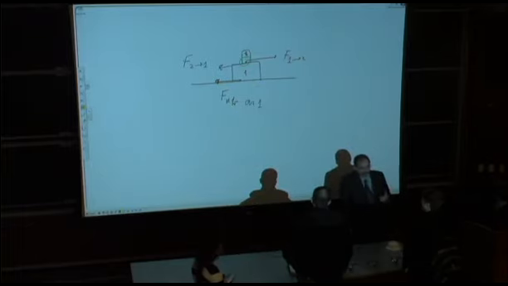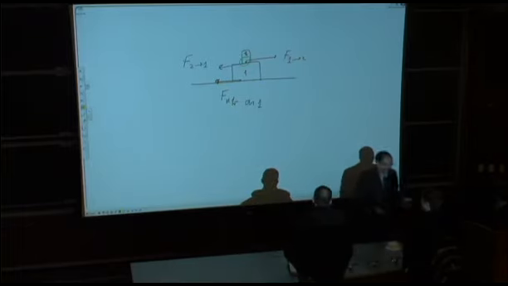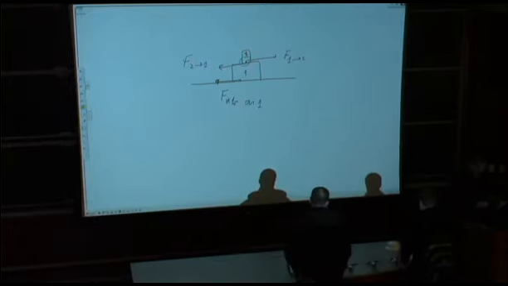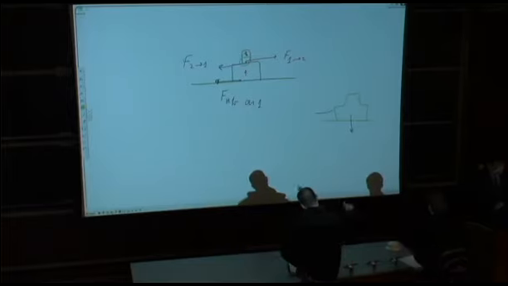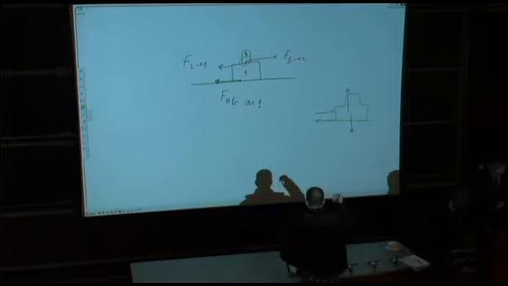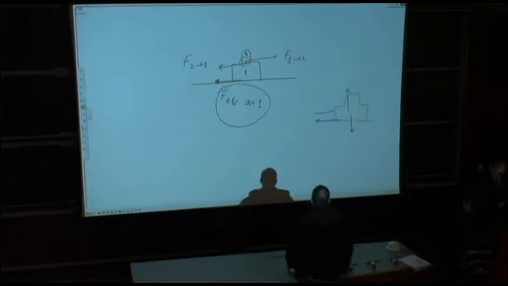And you can also draw a free body diagram for the whole thing: gravity, pushing force, normal force, and this frictional force, which is the same. But we just have to calculate the difference depending on the situation.